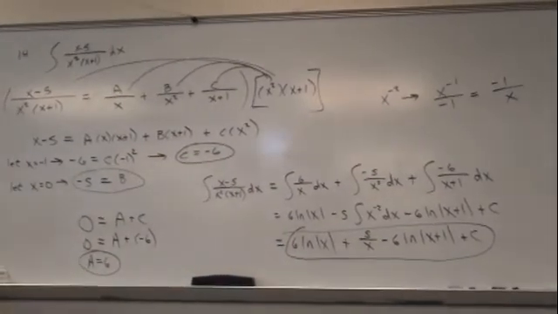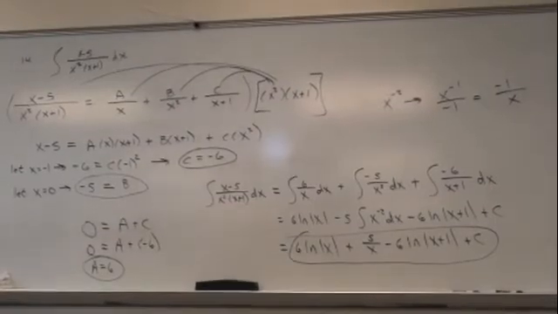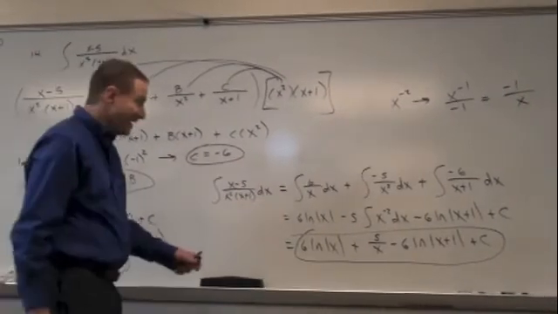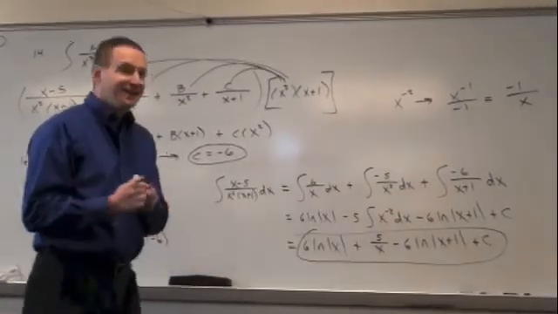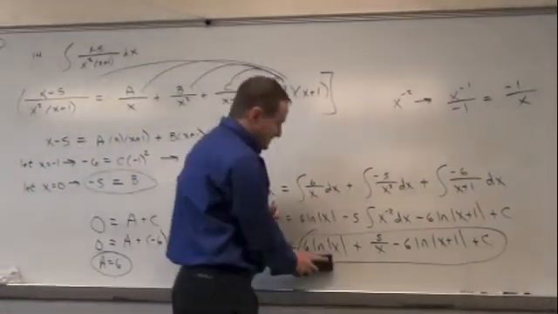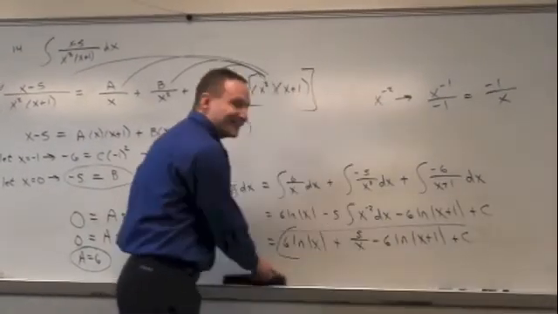Did you not combine the 6 ln x and the other 6 ln? Oh, I like the way you're thinking. You normally don't want to do stuff like that, but let's do it.